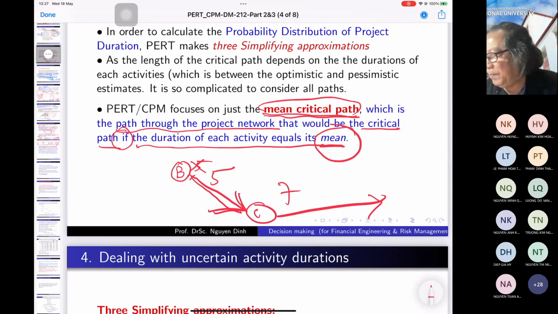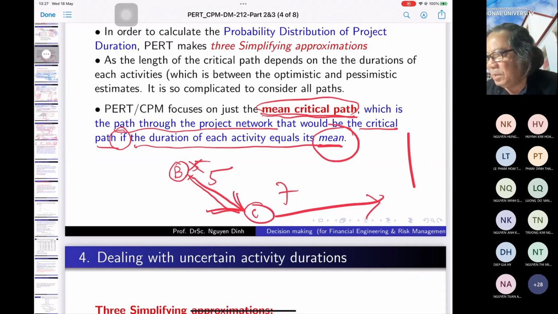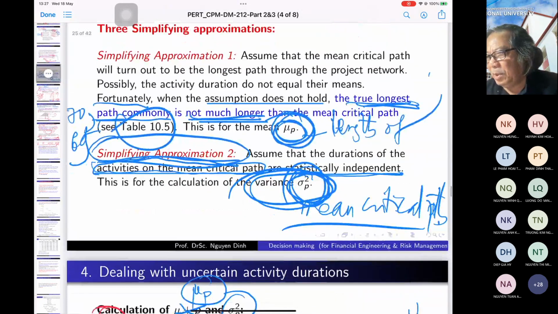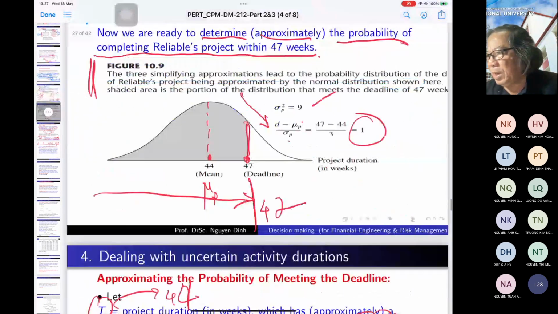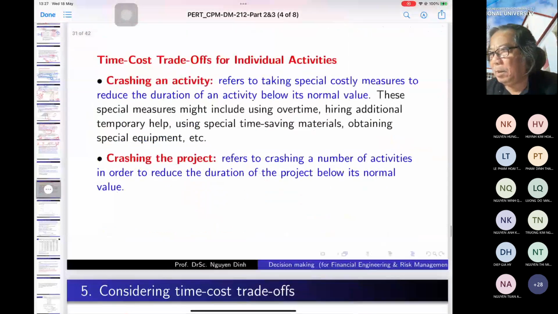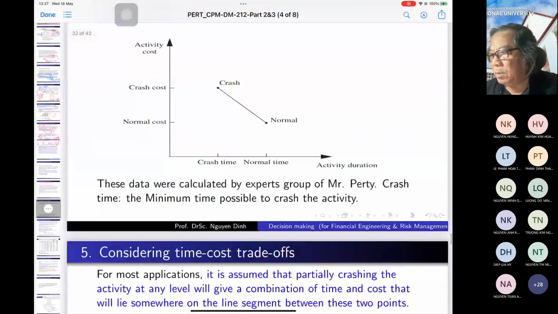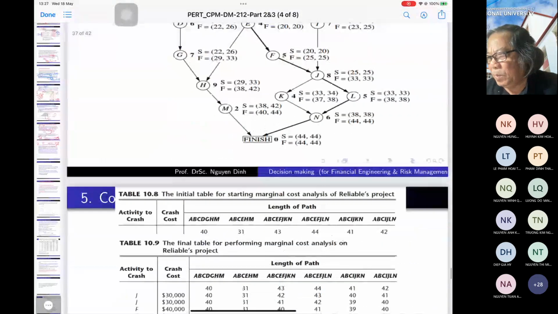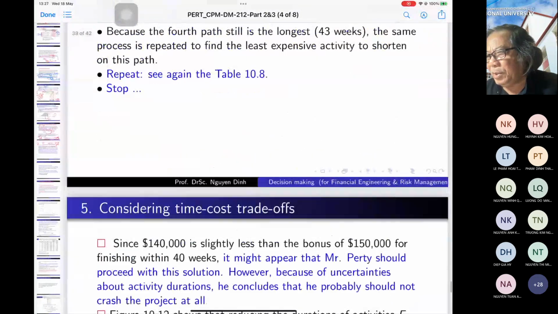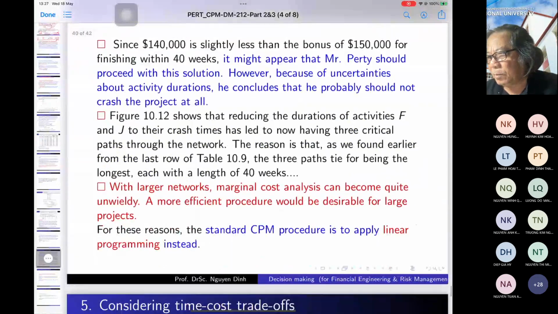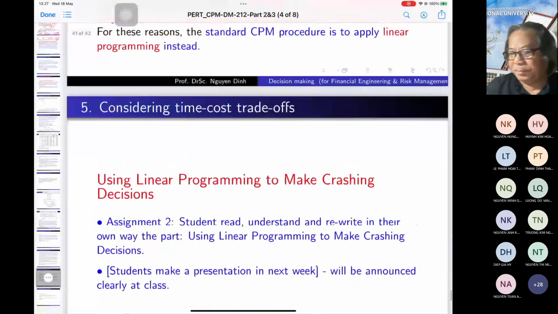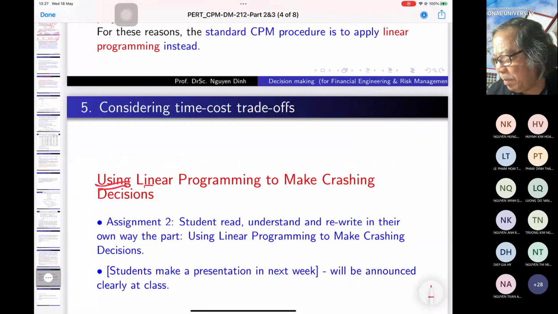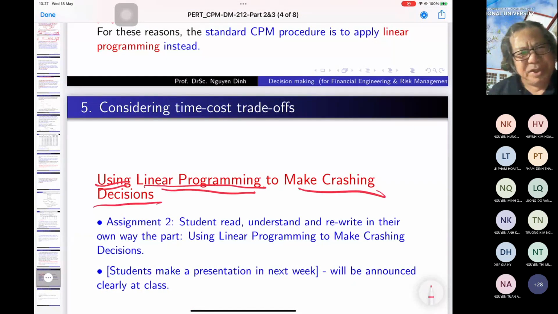In this chapter, the part we study today, there is a way to use linear programming to make crashing decisions.